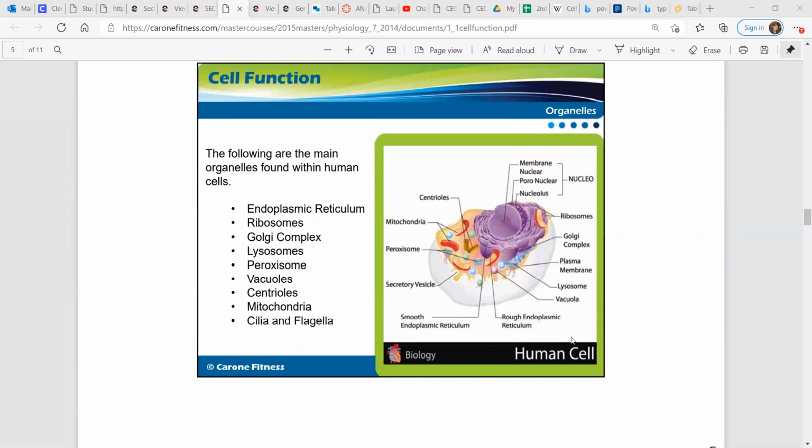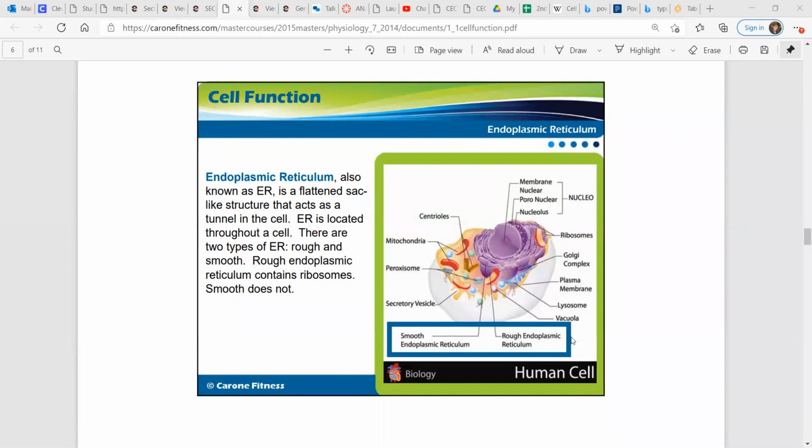The following are the main organelles found within human cells: endoplasmic reticulum, ribosomes, Golgi complex, lysosomes, peroxisome, vacuoles, centrioles, mitochondria, cilia, and flagella.